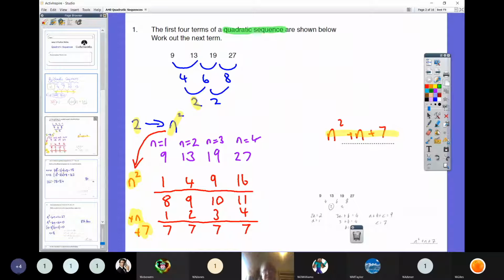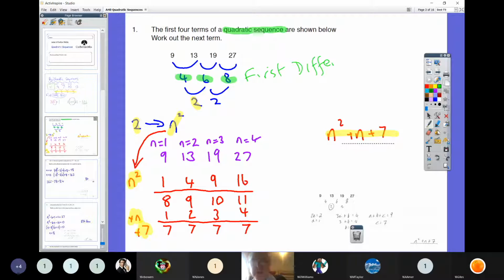What is the next term? So what you do with these, you start off by working out the first difference, how much the numbers go up by. So 9 to 13 is 4, 13 to 19 is 6, and 19 to 27 is 8. That is what's called the first difference.